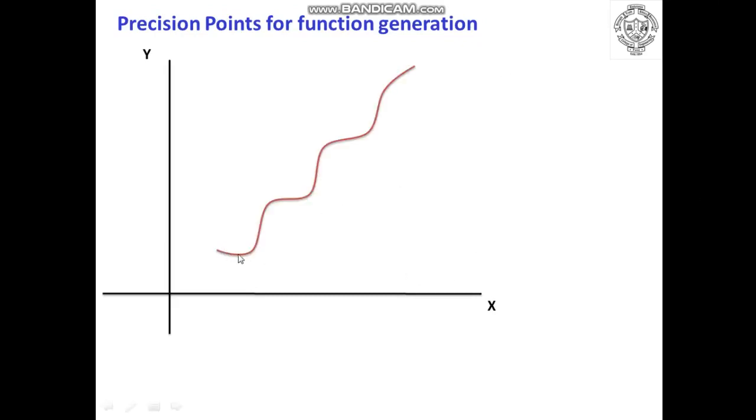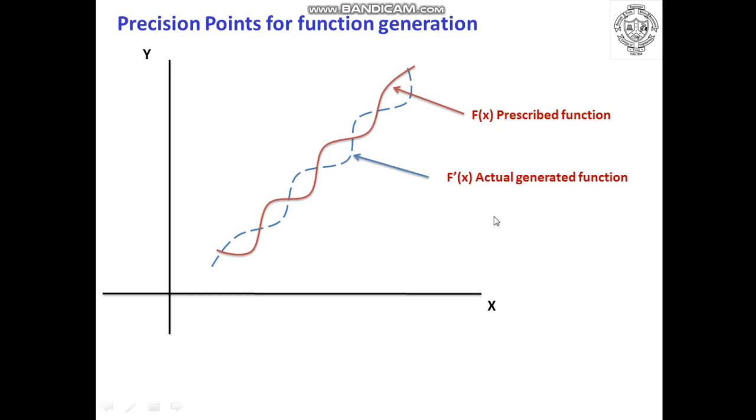Let us consider this particular curve, shown in chocolatey color, as f of x, the prescribed function. And let us consider this dotted curve, shown in blue color, as the actual generated function.